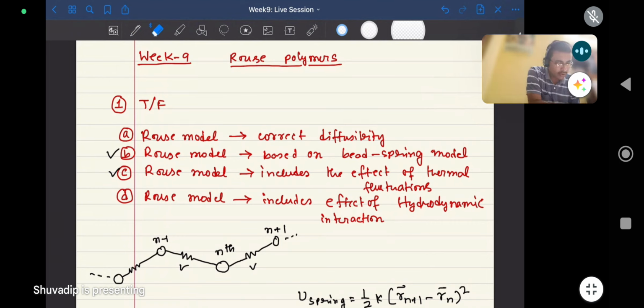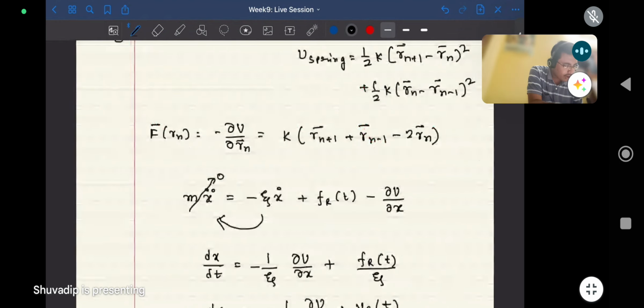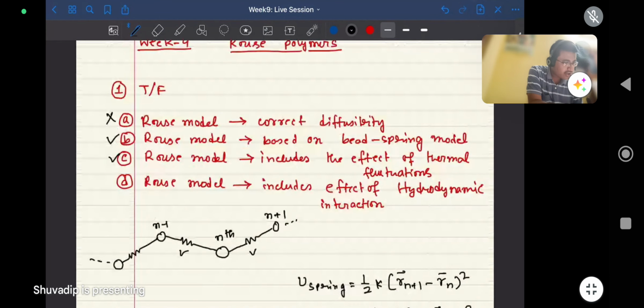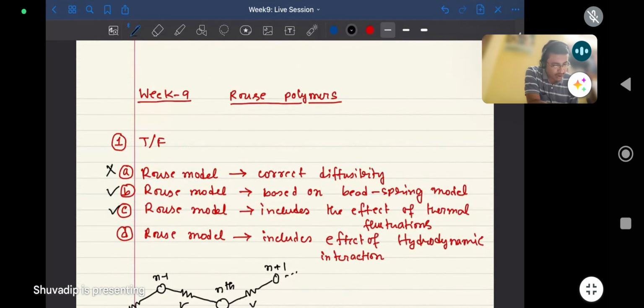And the Rouse model includes the effect of hydrodynamic interaction, this is also not correct, because we haven't included any hydrodynamic interaction term while writing down the equation of motion, whereas the hydrodynamic interaction will be taken into account when we do the Zimm model, which is the next section. So D is also not correct.